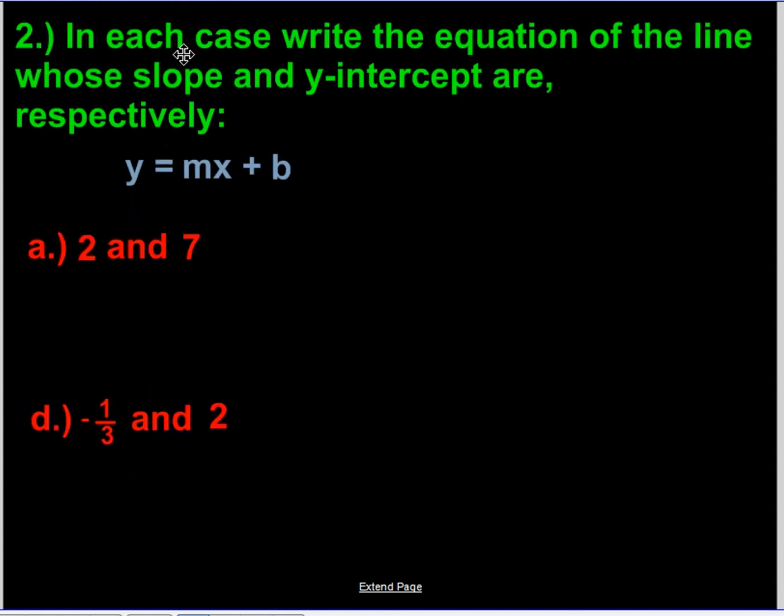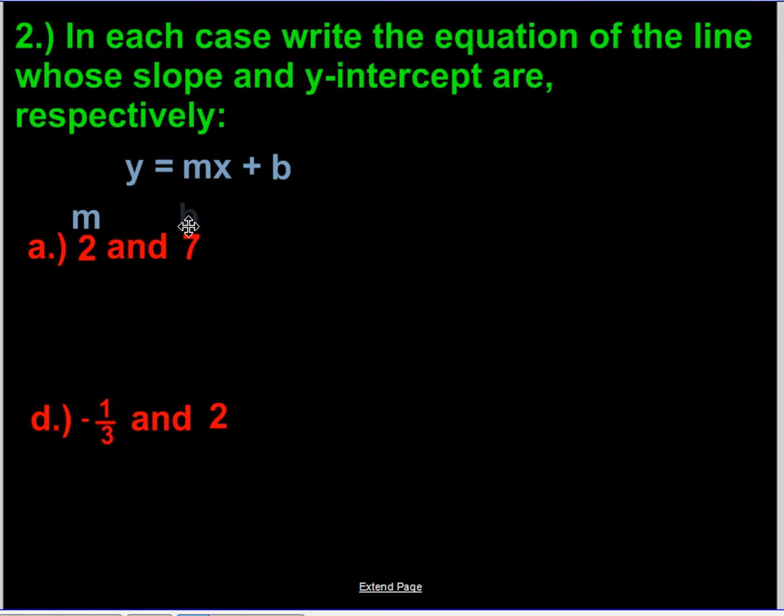Number 2, in each case write the equation of the line whose slope and y-intercept are, respectively, and in this case we're starting off with a. We have 2 and 7. So we need to take these numbers and plug them in. Since slope was mentioned first up here, our first number is going to be our slope.